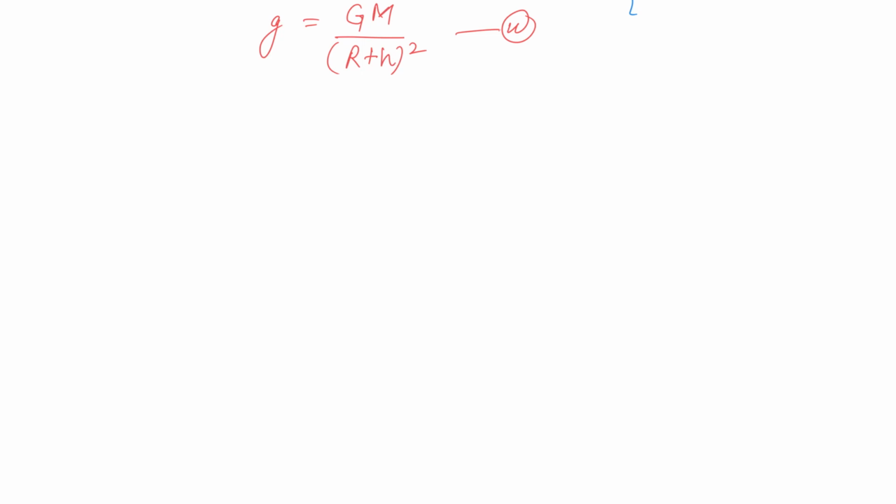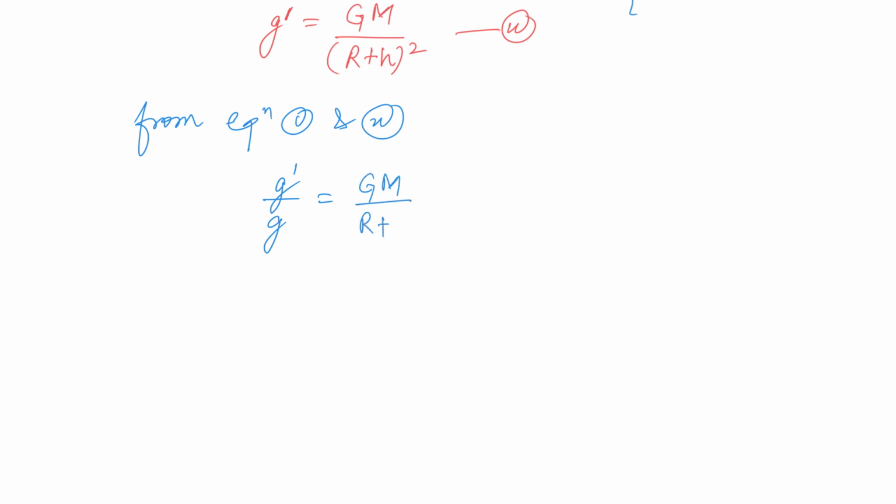Now from equation 1 and 2, if we take the ratio, sorry, this will be g dash. So the ratio g dash upon g, where g dash is GM by (R plus h) square, and g is GM upon R square.